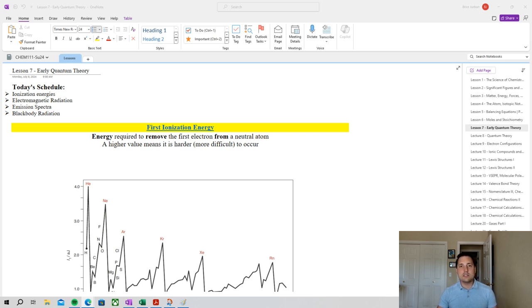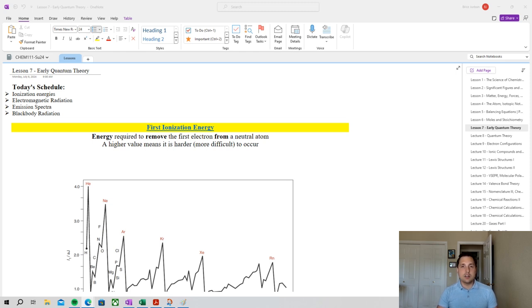To begin with, let's discuss what the basic elements of an atom are. We have the protons, the neutrons, and the electrons that we've learned so far. We know that protons and neutrons reside in the nucleus, and the electrons are orbiting that nucleus. The protons have a positive charge that attracts the electrons, which are negatively charged.